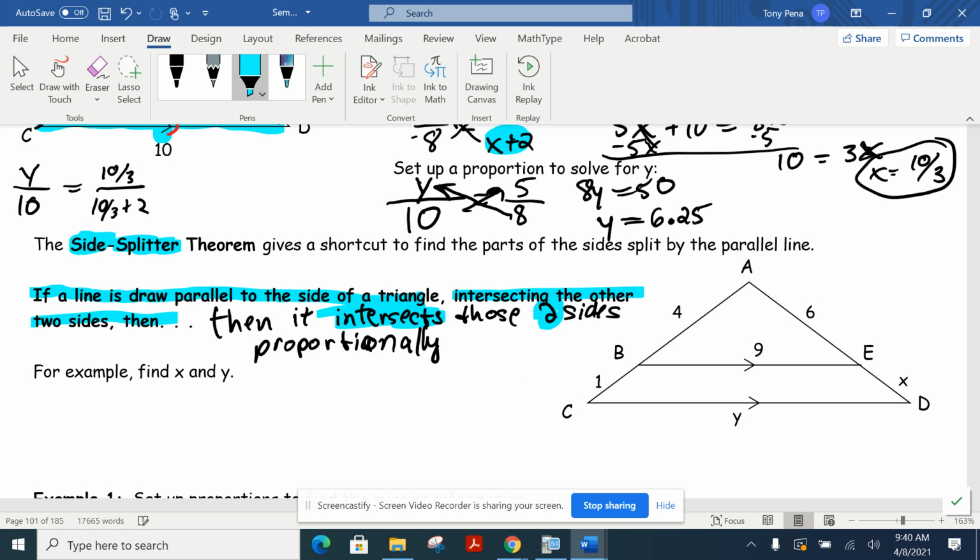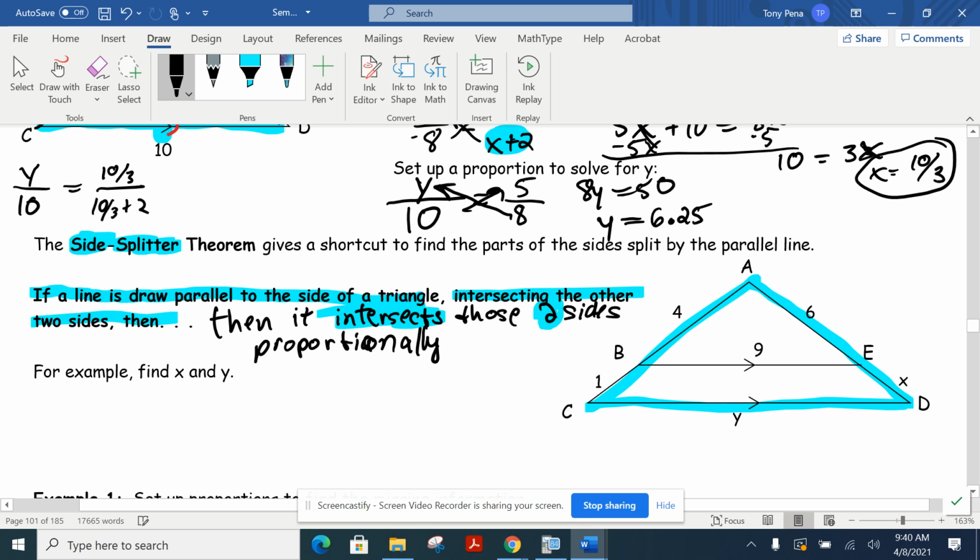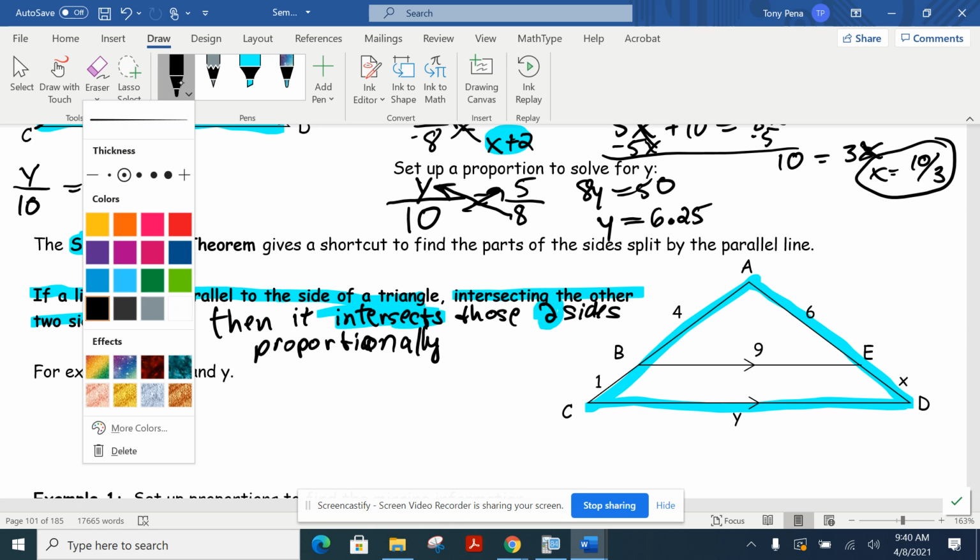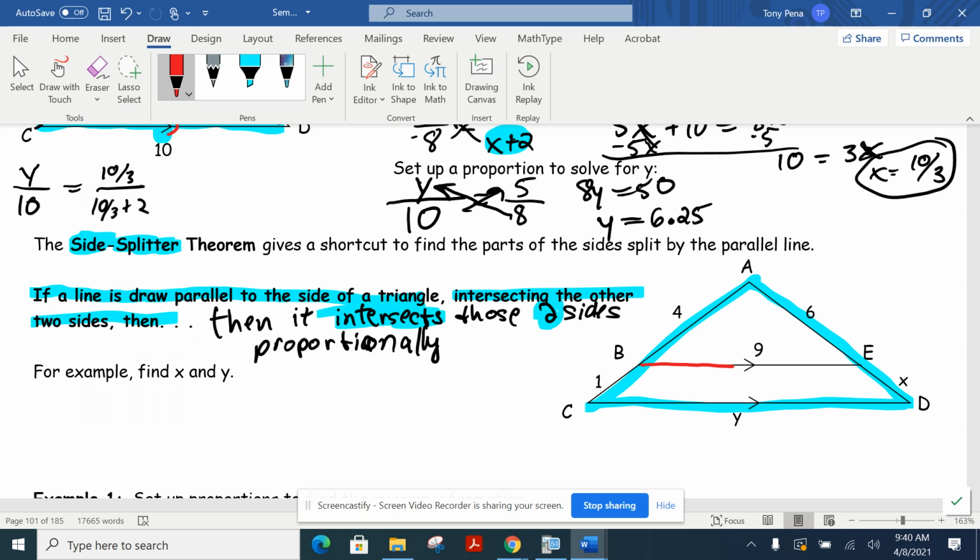This line right here. So let me show you this one. Here's this big triangle. Here's the triangle that we're referencing. And then we have a line that is drawn parallel to one of those sides. So that's the line in between the circle and that triangle.